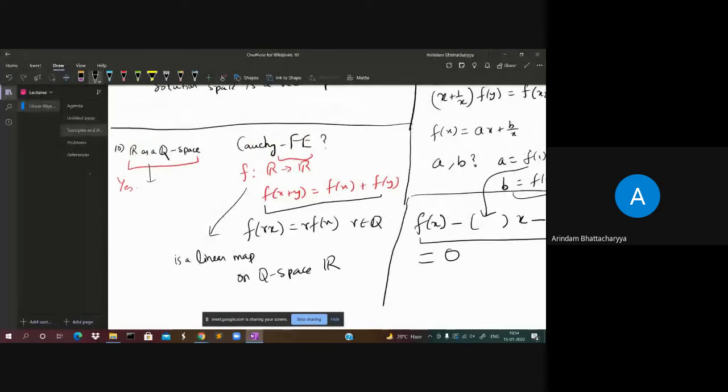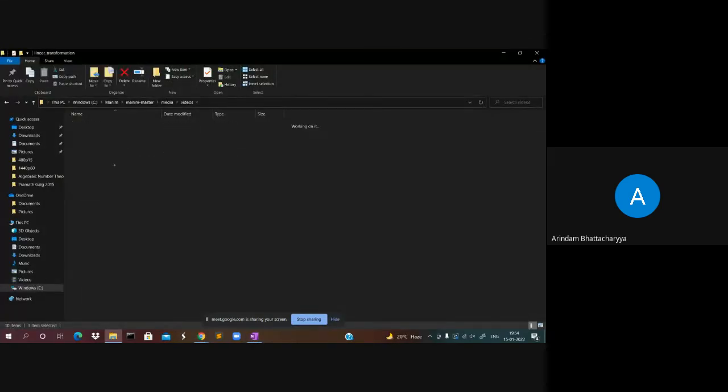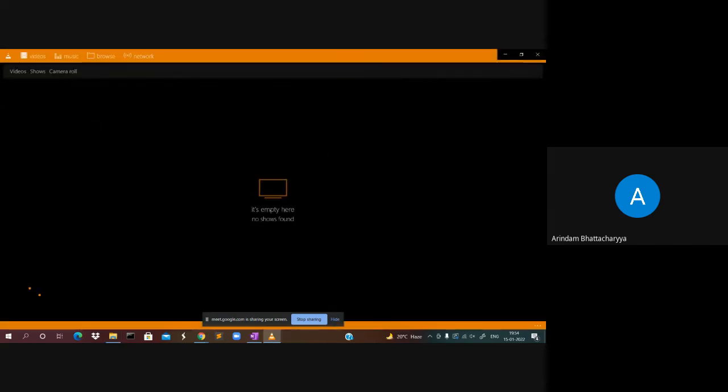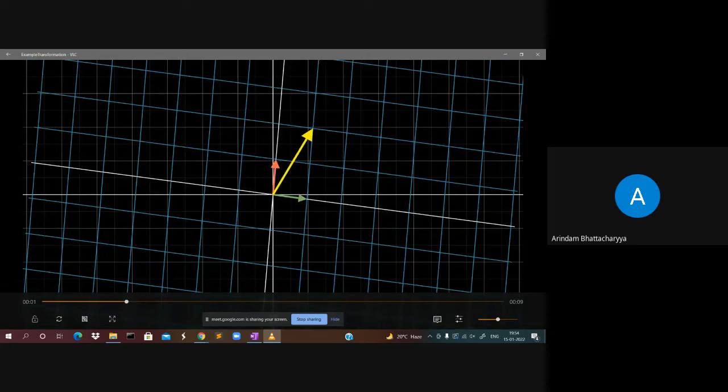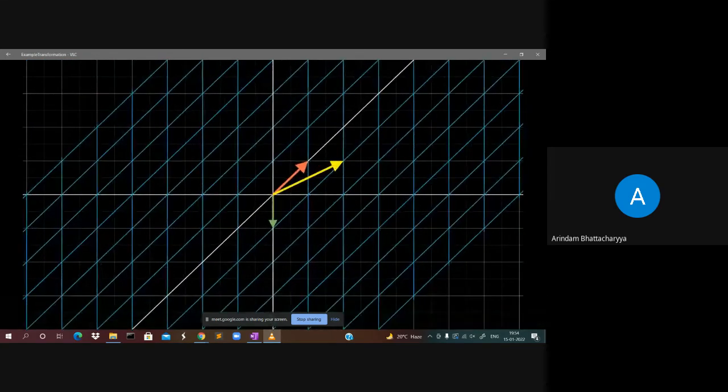I think I have a nice video. So these are what linear maps look like. A general linear map looks like this. You kind of see the structure, right?